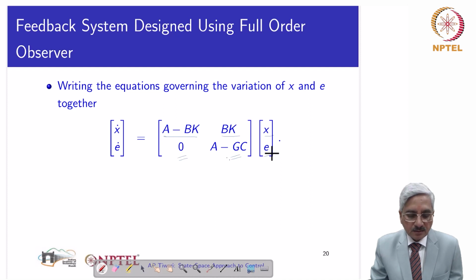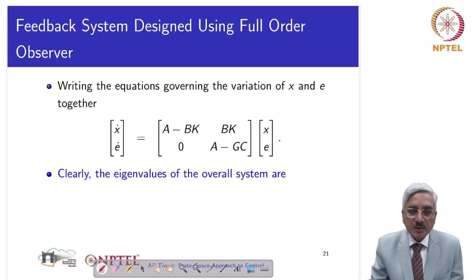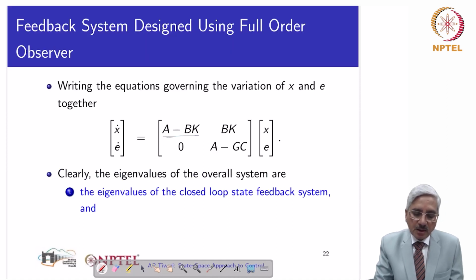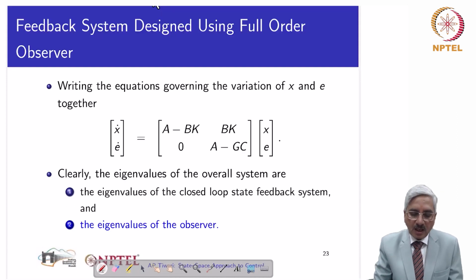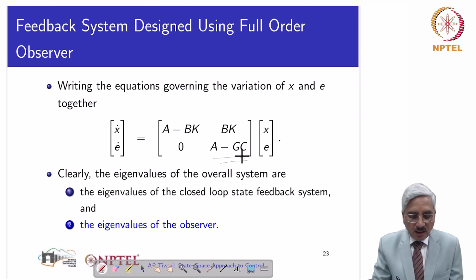Now we find that in this form the equation has a very nice look. It is upper triangular. So that makes it simple to think that the eigenvalues of the overall system are the eigenvalues of a minus bk, which is the closed loop state feedback system, and the eigenvalues of a minus gc, which is the eigenvalues of the observer.